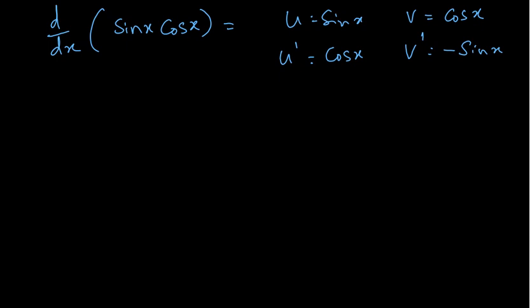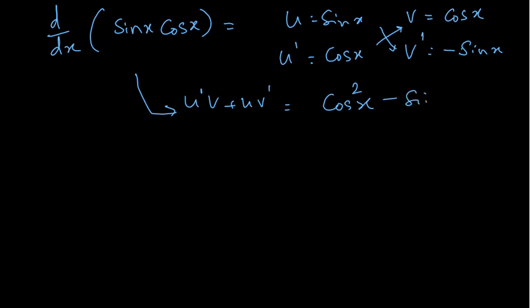So now the formula is this plus this into this. The answer is u dash v plus uv dash, which is cos x into cos x, which is cos squared x, plus this into this, minus sin squared x. That's the answer. If you simplify it, cos squared x minus sin squared x is equal to cos 2x.